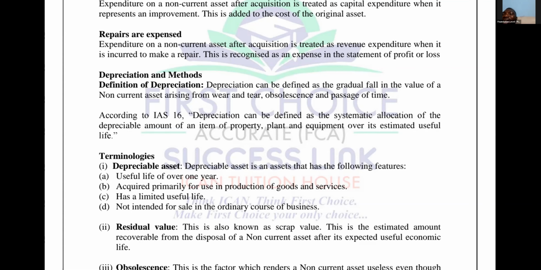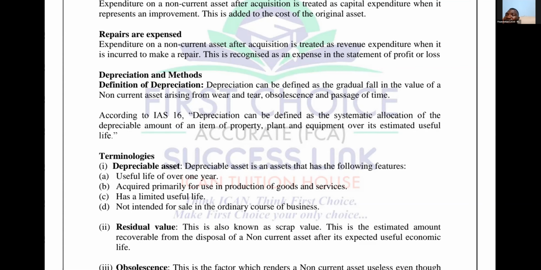So given that figure, on a yearly basis, the benefit that you enjoy, the wear and tear on the asset or based on passage of time, is 150,000 naira. It is calculated on a yearly basis.